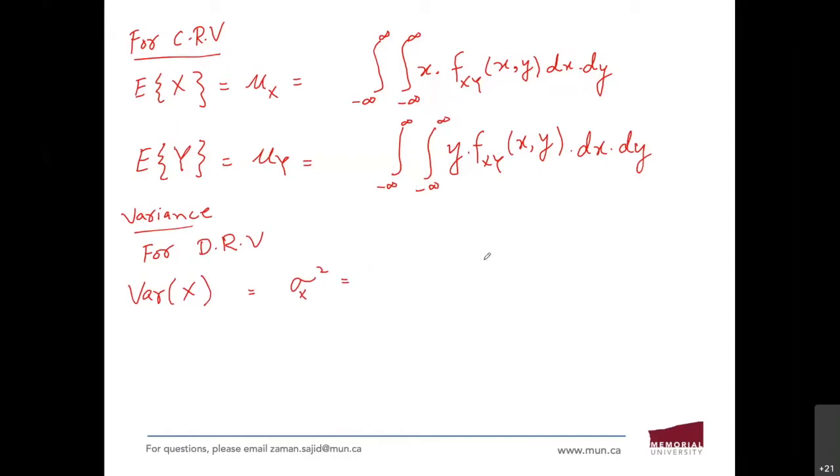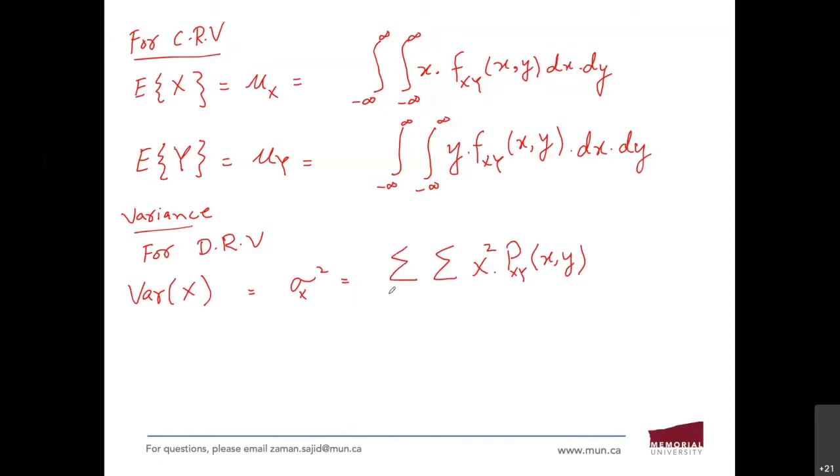Now we take our x square. Because we are talking about the discrete random variable, I need to have the joint probability in terms of discrete random variable, which is noted as p of x of y. And then we sum up here.